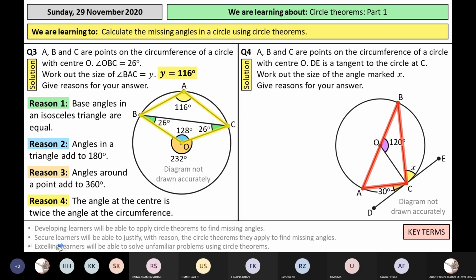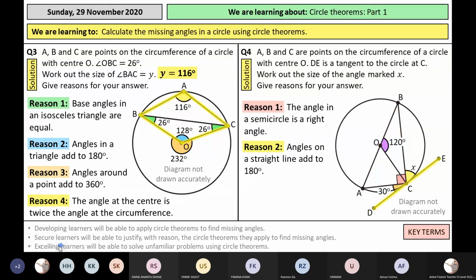First of all, target the triangle, right? Once the angle in a semicircle is a right angle, okay? Now the next thing that you need to target is the straight line on 180, okay? This is what you are just identifying.